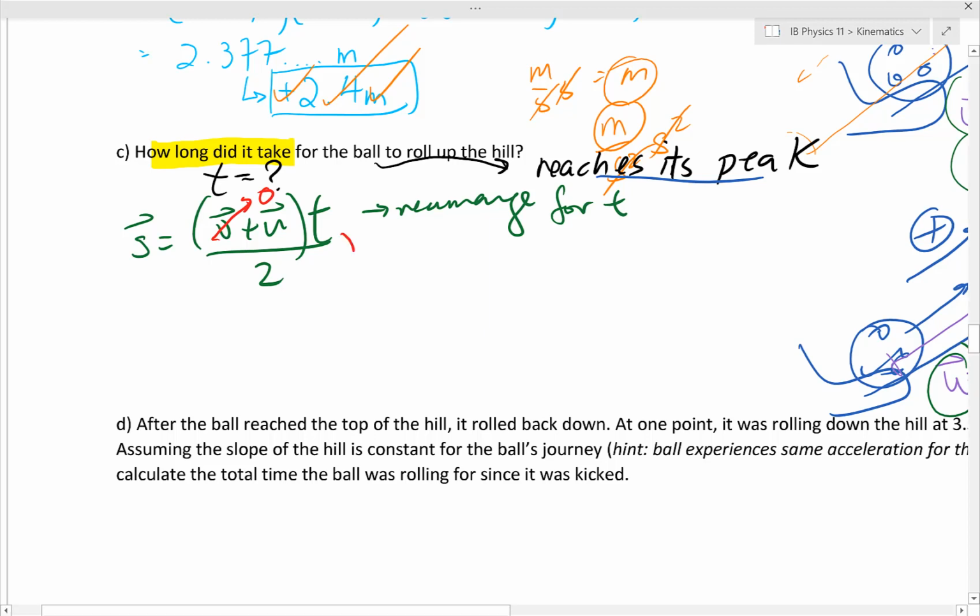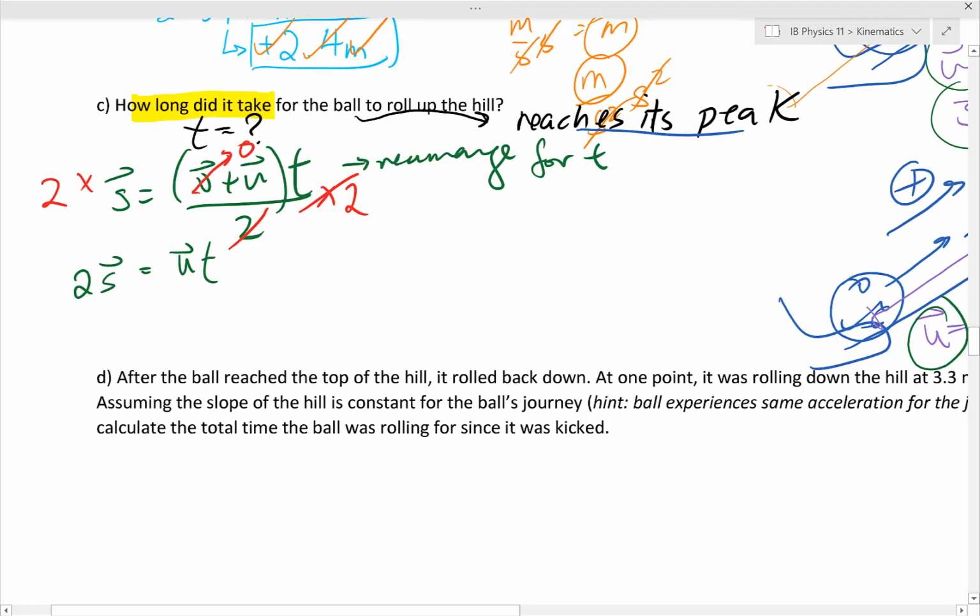Let's start off by multiplying both sides of the equation by 2, giving us 2s is equal to, now v is gone, we're left with ut. So we're solving for the time, so let's isolate the t by dividing both sides by u. That leaves us with time is equal to 2s divided by u.